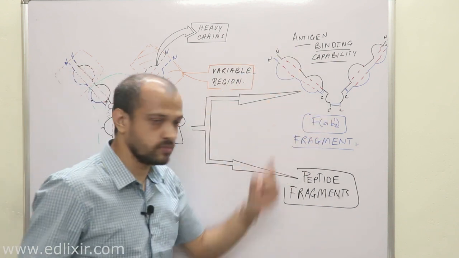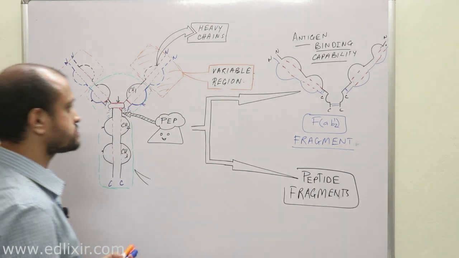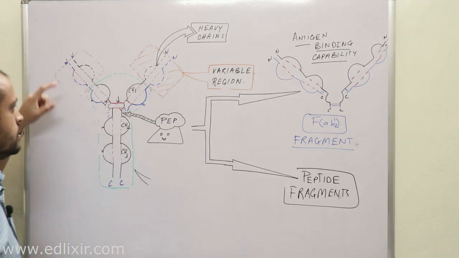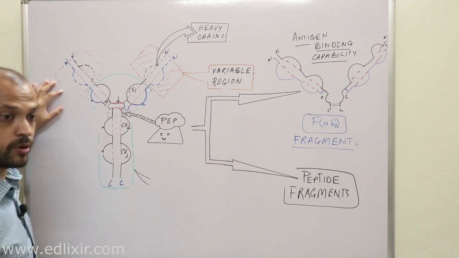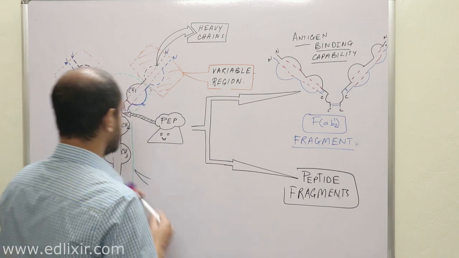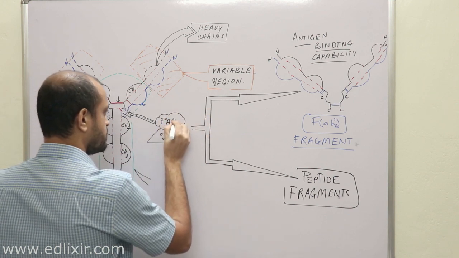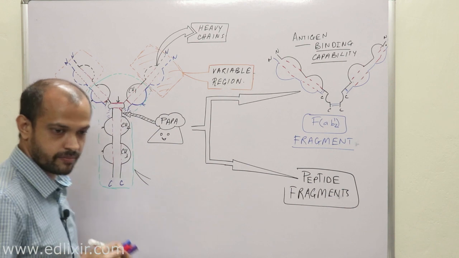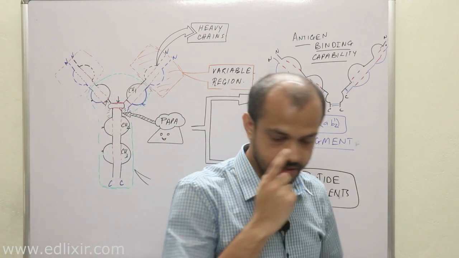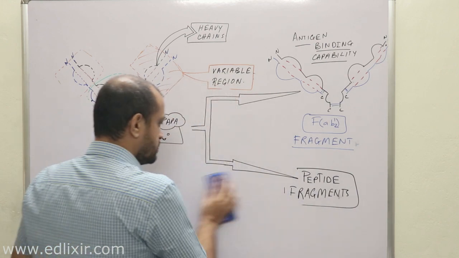Now we will be talking about the proteolytic cleavage done by papain. Let us convert this pepsin into papain. Actually, papain comes from papaya. It's an enzyme which is present in papaya.